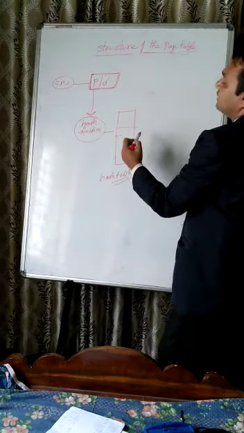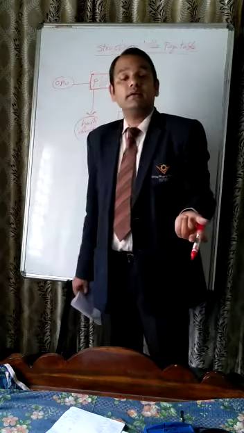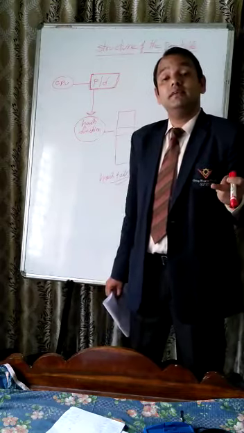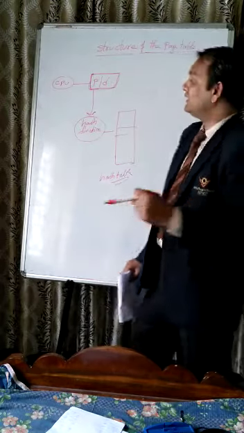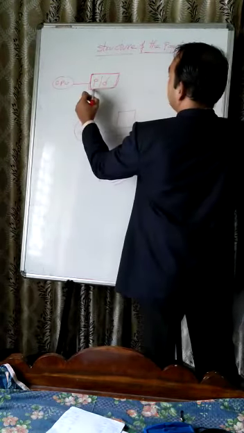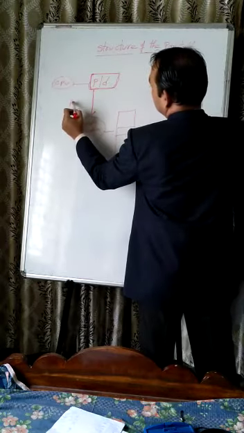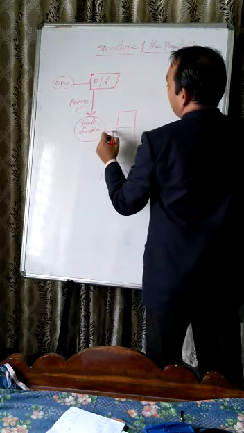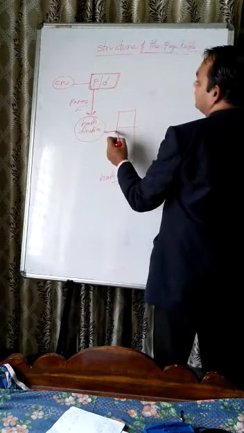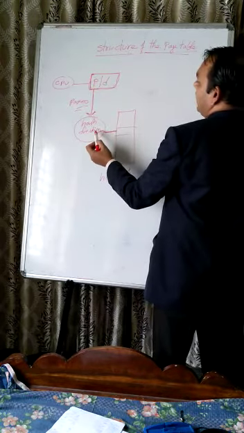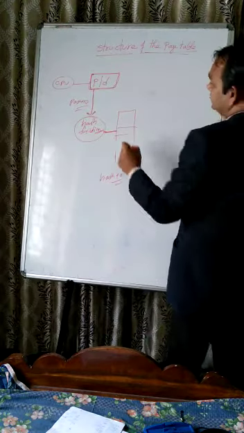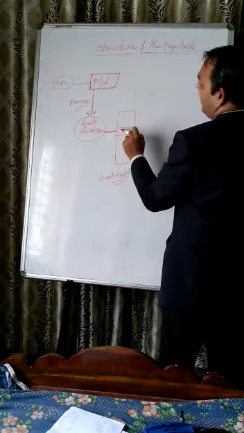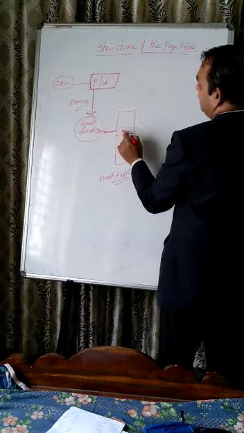Previously we created a page table, but here we will create a hash table. For that, the input is the page number. This is the hash function. The hash function generates a hash value that has to be searched in this entry.